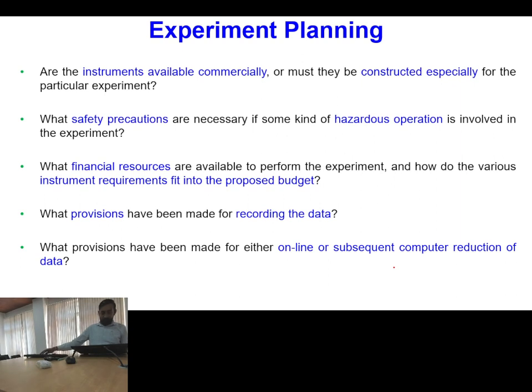After you have chosen the instrument, then are the instruments available commercially? Of course, if some instruments are not available, then you have to construct them. For example, we don't have any instrument available for measurement of heat transfer coefficient. That is why we have to develop the setup for it. If we had a standard instrument available, I would just insert it in the pipe and then calculate.